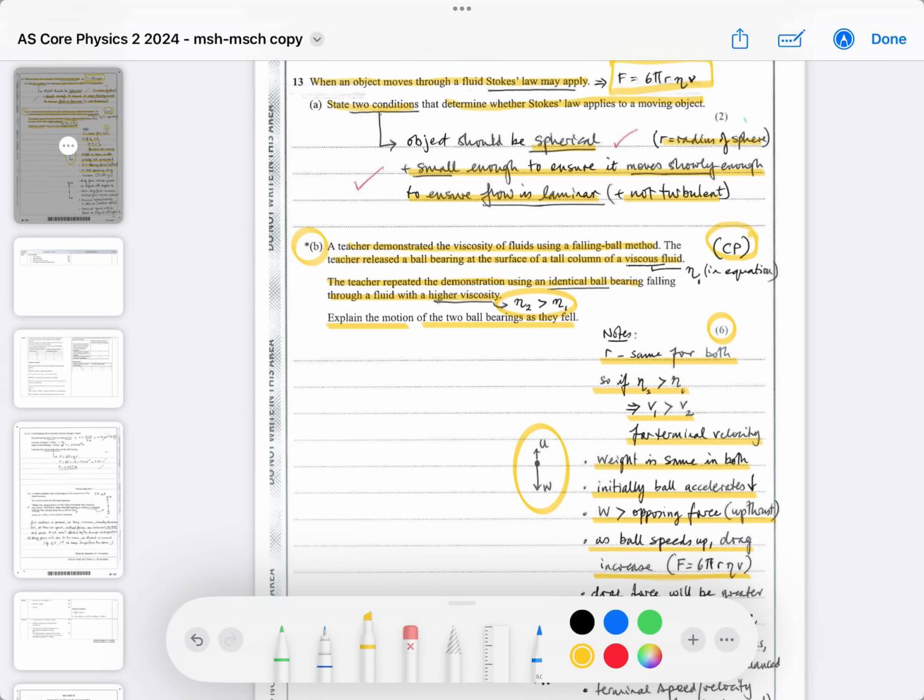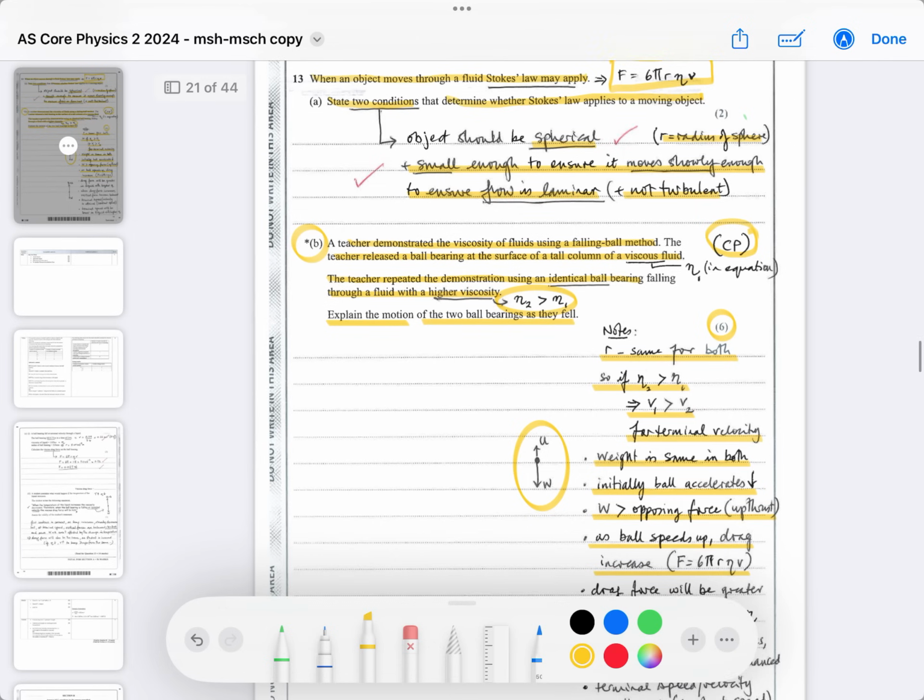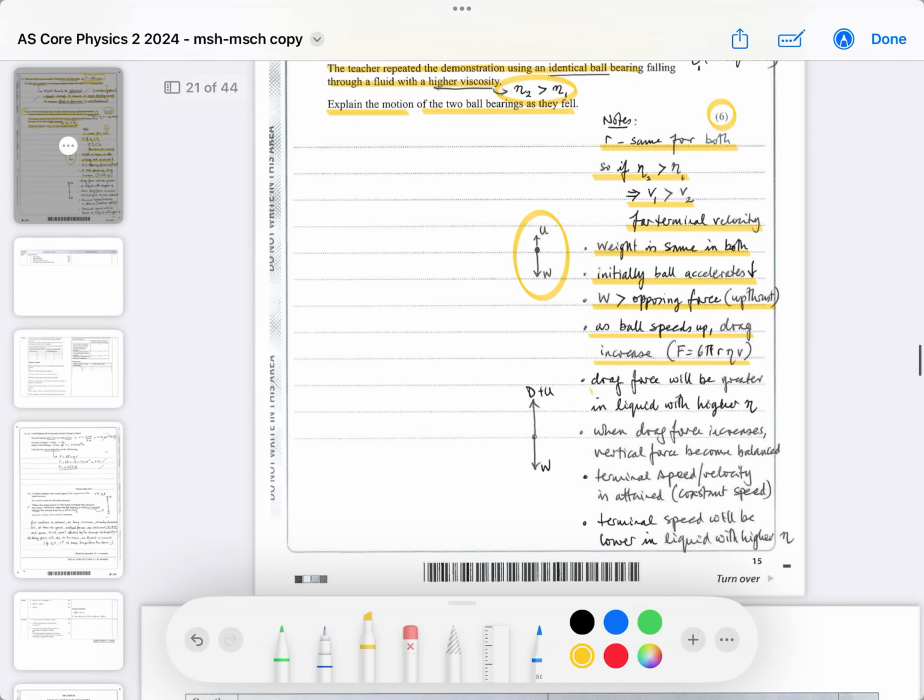So then you have the upthrust and the drag, and the drag force will be greater, obviously, at the speed it's going at in a liquid with a higher viscosity. Okay, so now you've got the upward force, drag plus upthrust, becoming eventually equal to the weight.